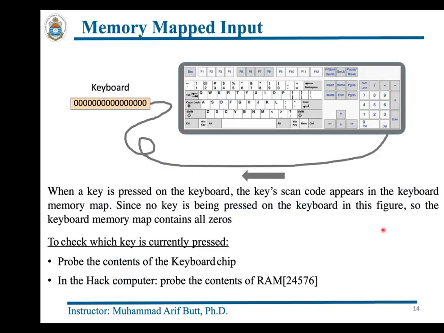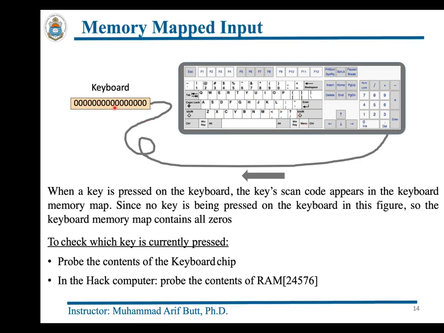Okay, so well, dear students, when a key is pressed on this keyboard, the scan code, which was mentioned on the previous slide, appears on the keyboard. Since there is no key being pressed right now, the keyboard memory map contains all zeros.